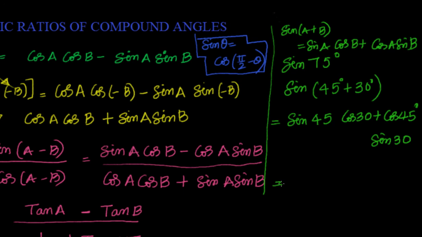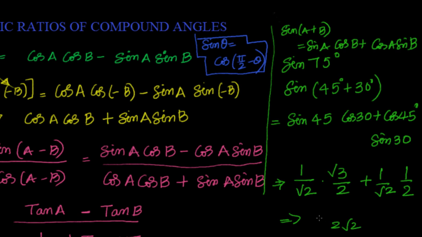Now what is the value of sine 45? 1 by root 2. Cos 30 is root 3 by 2, plus cos 45 is 1 by root 2 and sine 30 is 1 by 2. Now I can take 2 root 2 as LCM, and it becomes root 3 plus 1 by 2 root 2. Now I have found what is sine 75.